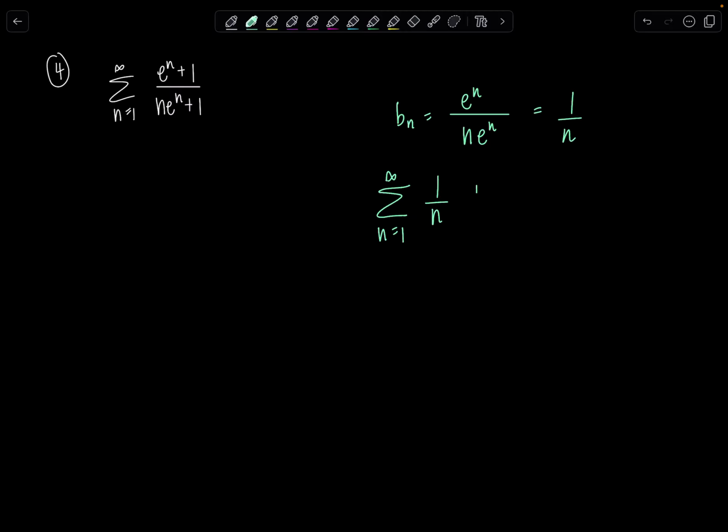Oh, we know him. Or her, whatever. This is the harmonic series. It diverges. It's a p series. P is 1, but it's so spicy and special and famous that it gets its own name. Okay. So then I'm getting the vibe that this will diverge also because it's growing like the harmonic series. Let's see.